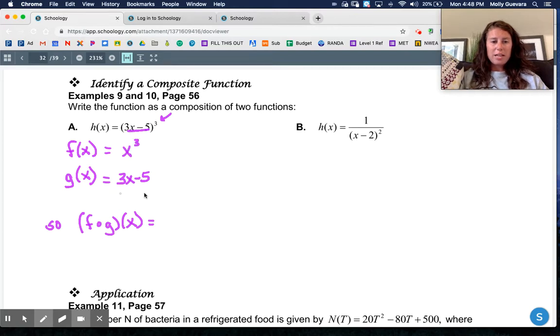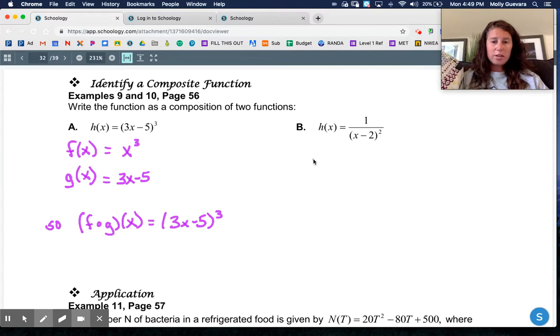Because then I take my 3x minus 5 and plug it into x cubed, and I would get 3x minus 5 cubed, which is what I have. So all we're doing here is moving backwards, okay? And there are multiple ways that you can do this, so don't stress about it too much. All we're doing is splitting the function into 2.